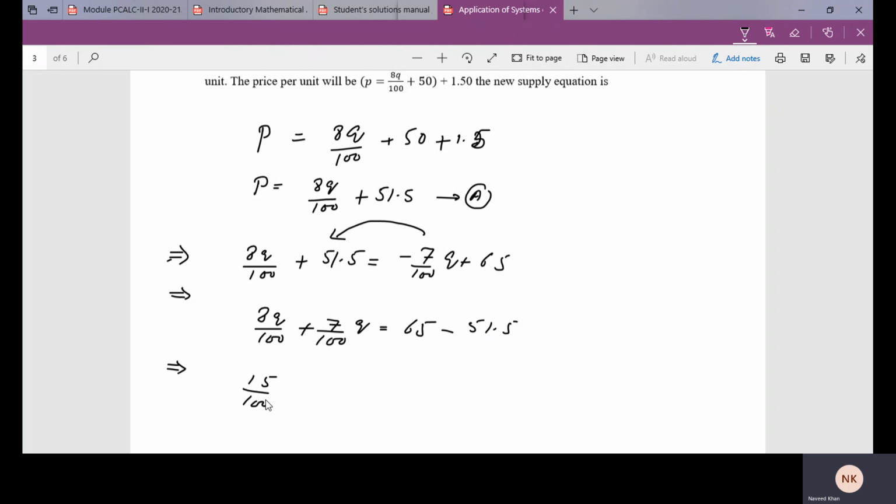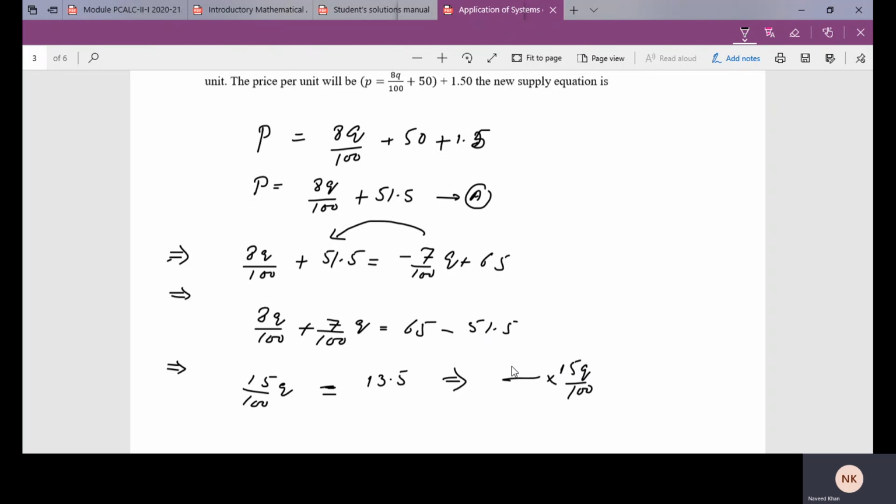So here it will become, my dear student, 15 by 100 Q is equal to 13.5. But here we need to find out the value of Q, so it will become 15 Q by 100.